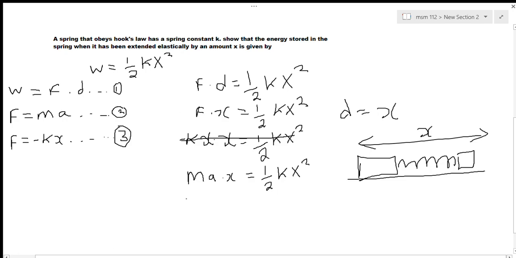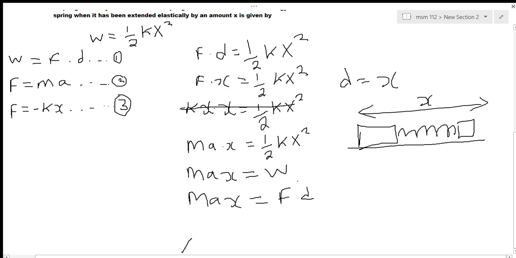So there we are going to put W is equal to work, and you know work is Fd from equation 1. So you put Fd where there is work. At least you've got something making sense now. Fd, like this.